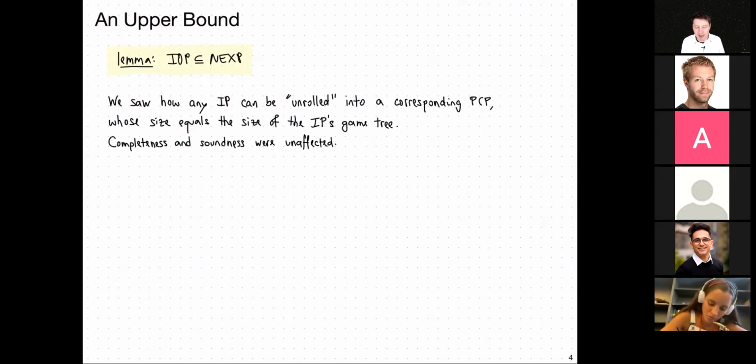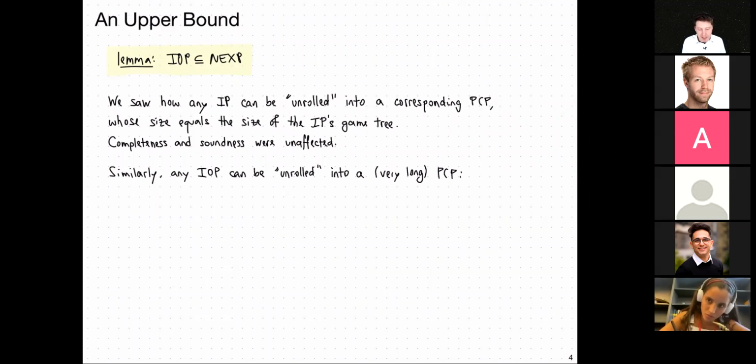This unrolling doesn't change completeness and soundness because the PCP verifier is just simulating the IP verifier. Moreover, any PCP string corresponds to an IP strategy. So you have this equivalence, and the only difference is syntactic: instead of an interactive strategy, you have the evaluation table that corresponds to that strategy, and you call that the PCP.